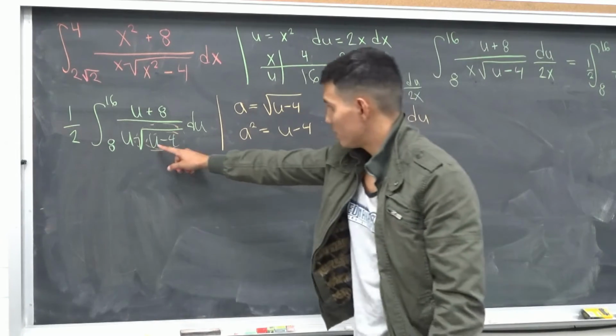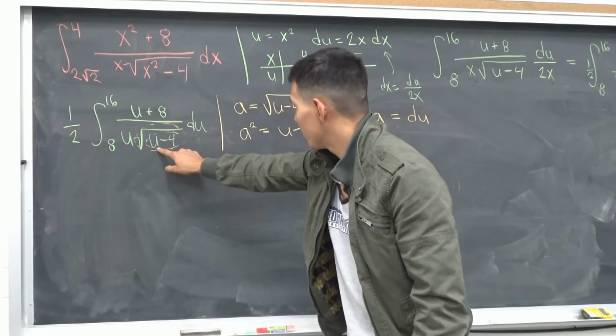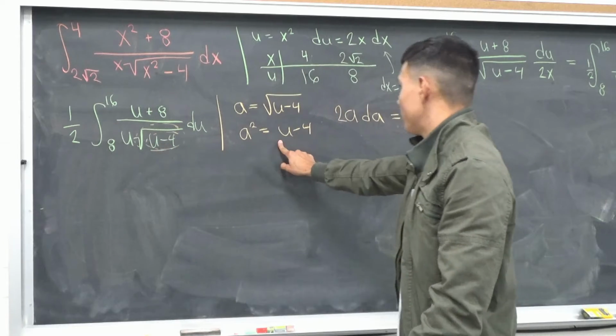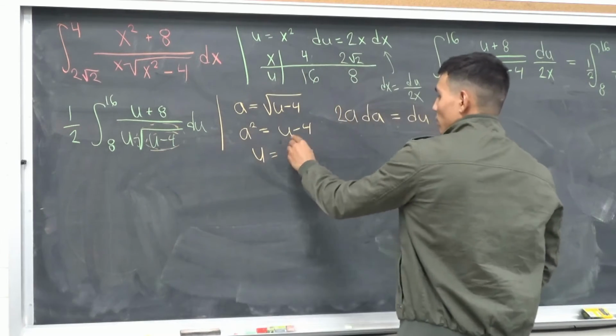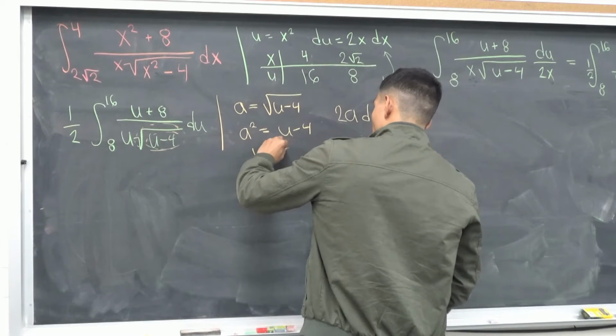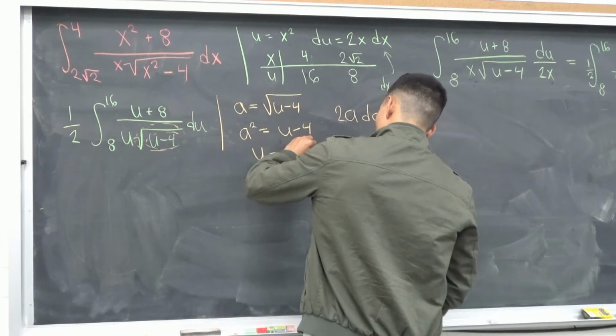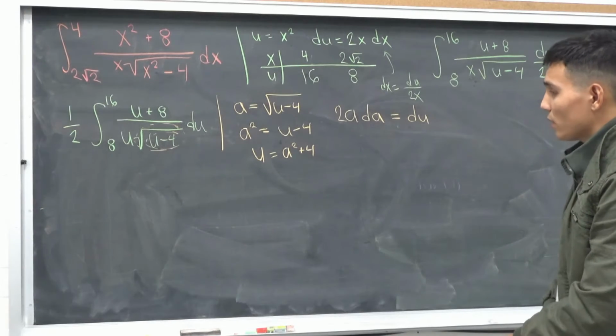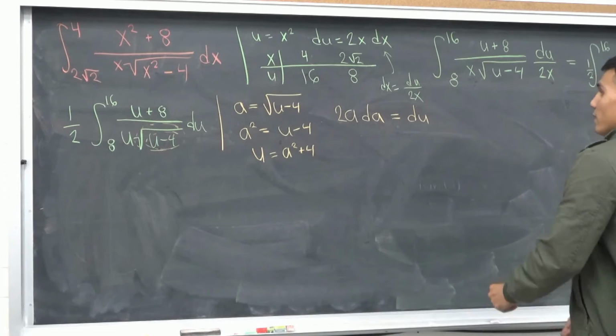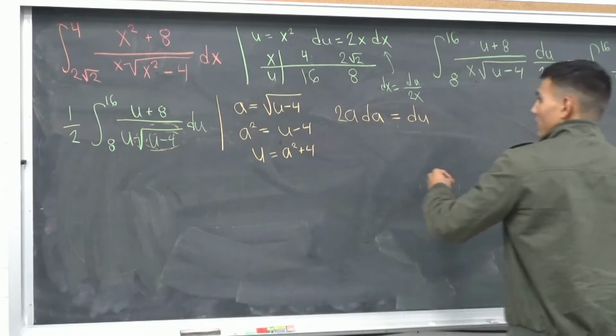Note, so we can replace the square root with a. We can solve for u. We said u is equal to what? A squared plus 4. Okay.